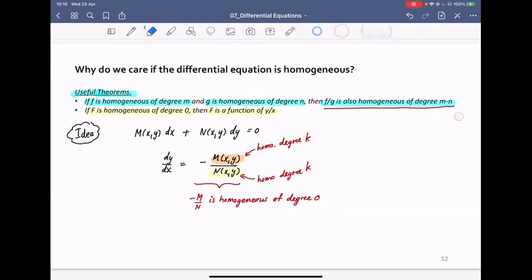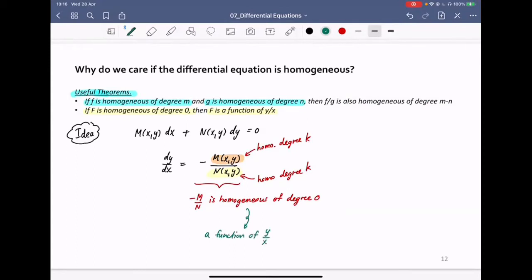So the function negative M over N is going to be a homogeneous function of degree 0. And because this is homogeneous of degree 0, you know that this is going to be a function of y over x.